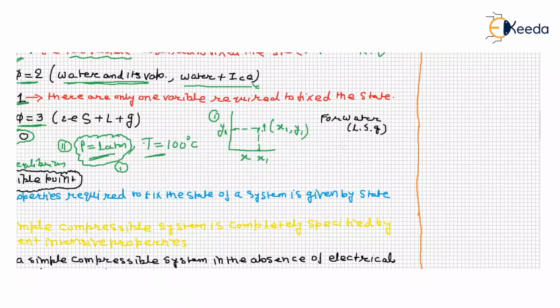Like the critical point: pressure is defined, it is 20.09 megapascal, critical temperature 374.14 degrees centigrade, critical volume 0.00315.